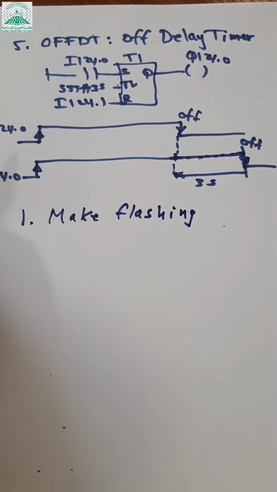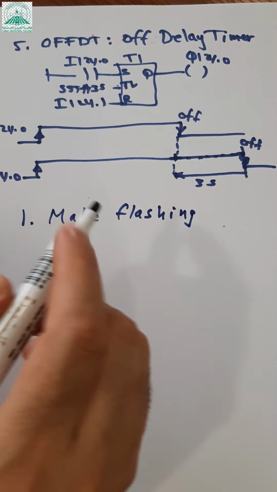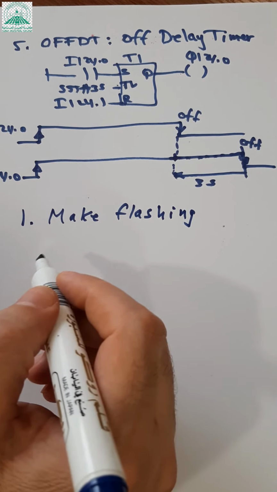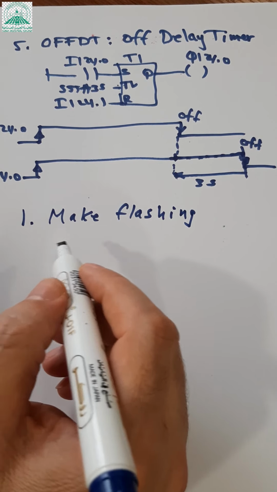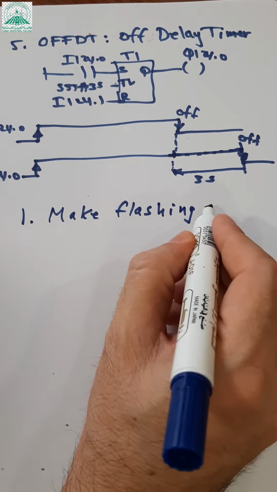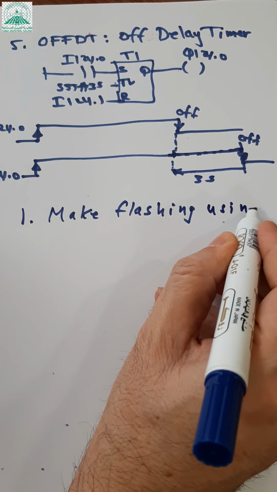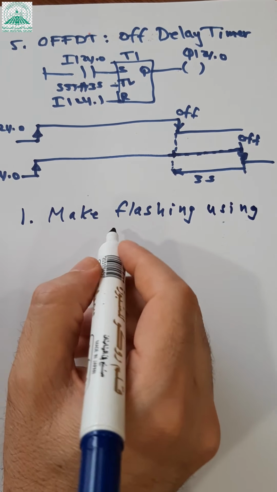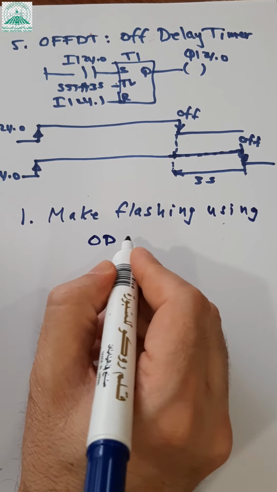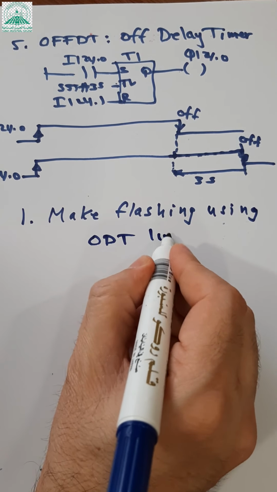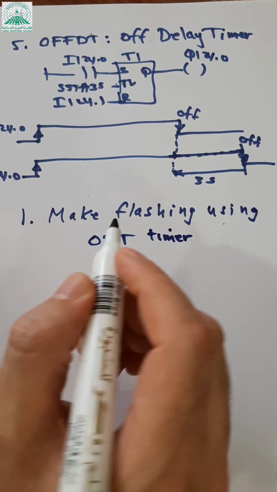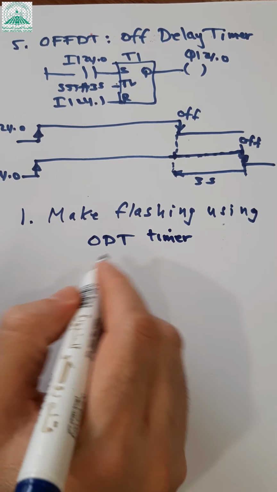Before midterm we did flashing using pulse and pulse extended timers. Today we need you to do a program that makes flashing using the ODT timer, or ODTS. Let's say ODT.